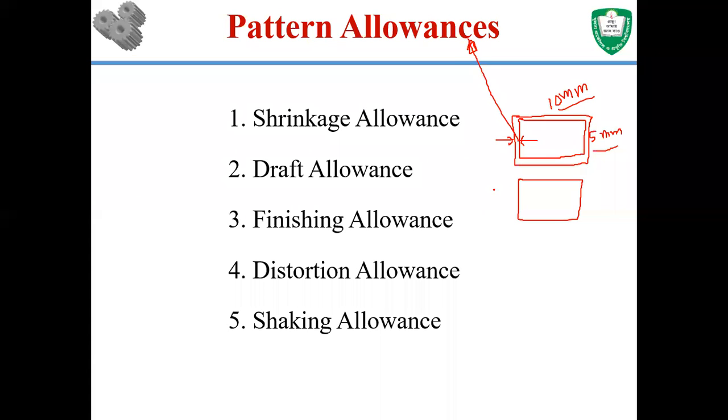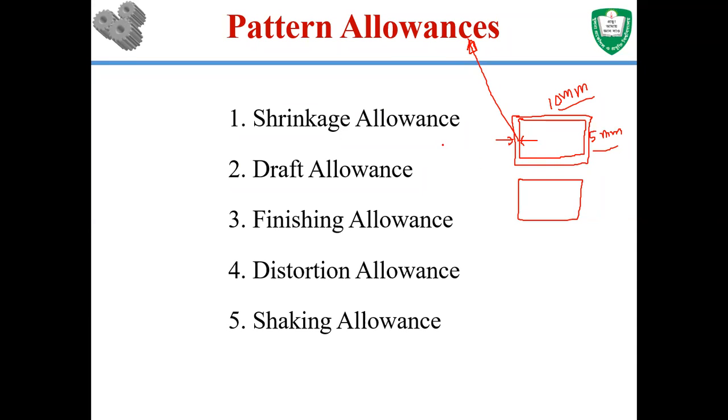The basic thing here is that the allowances that we need to provide during the manufacturing of the pattern, with the increase or decrease of dimension, are called the pattern allowance. That means the pattern dimension is not the same as the final product dimension. The pattern dimension is larger than the actual product dimension.